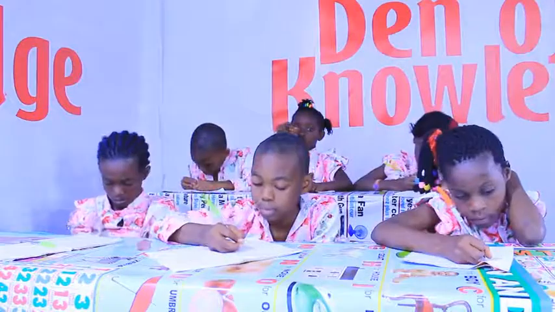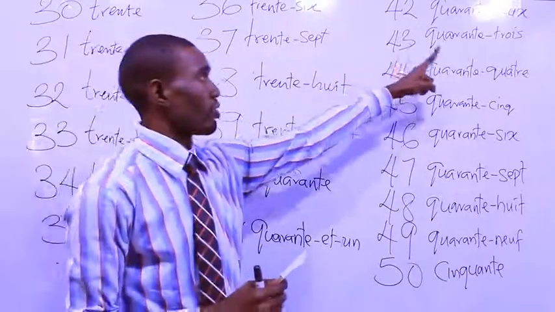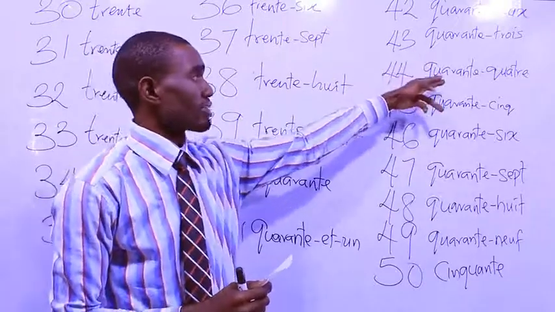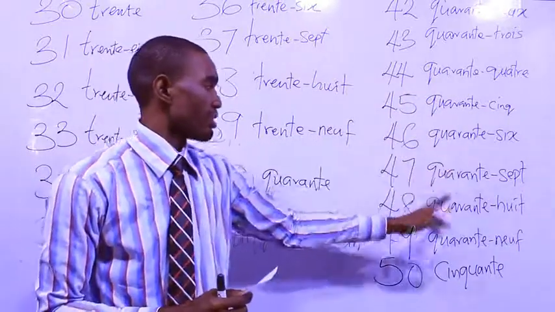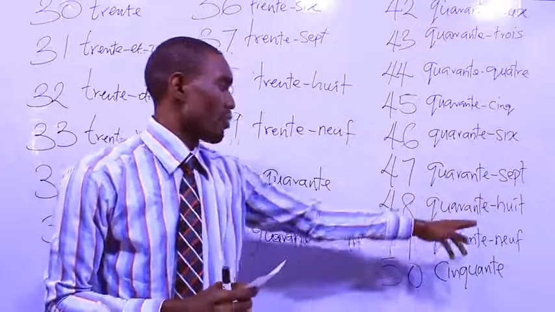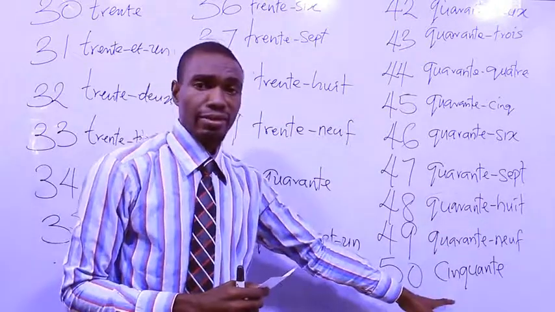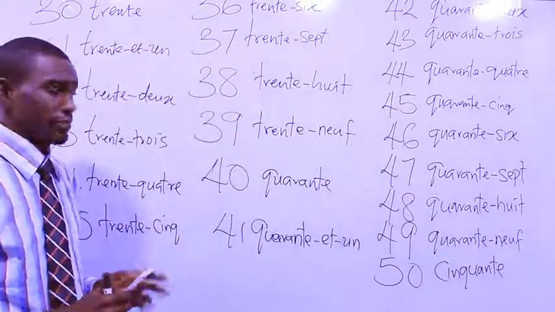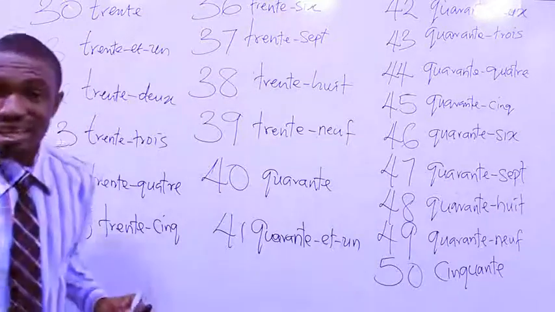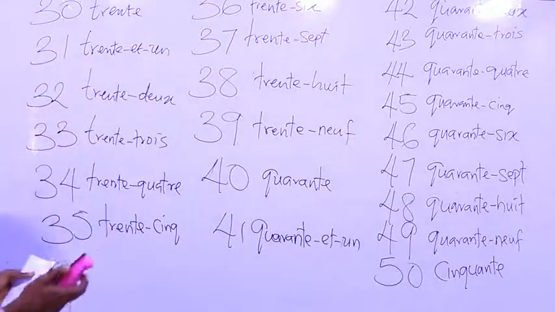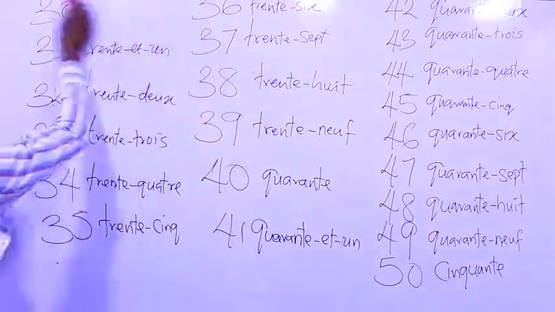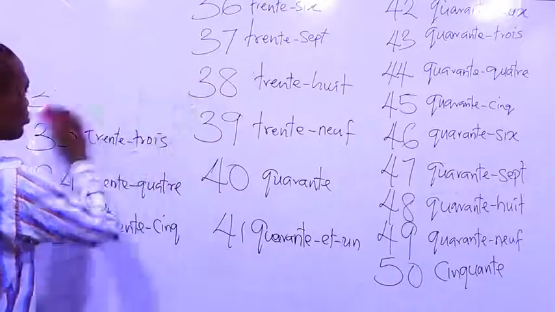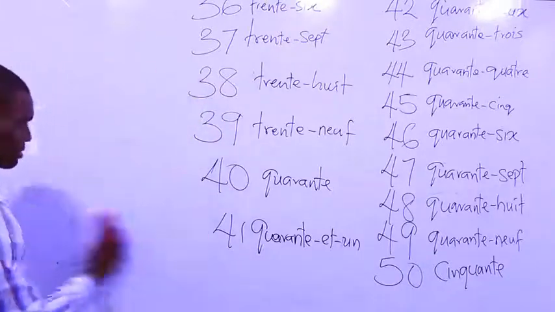You have 41, 42, 43, 44, 45, 46, 47, 48, 49, 50. That is your 50. Now let's take the last set of numbers, that is from 51 to 60. Let's clean up this so we can have our space.